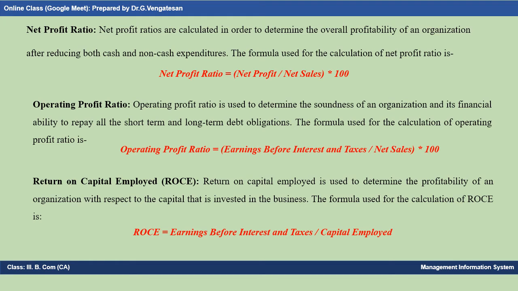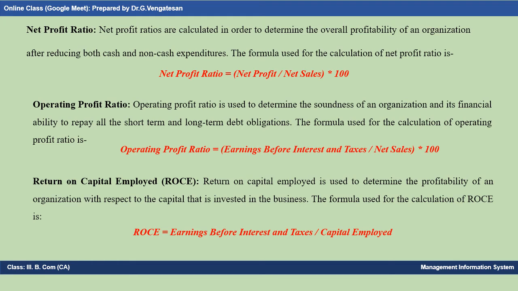Here in this operating profit ratio, this ratio is always used to maintain the relationship between the cost of goods sold and other related operating expenses along with the sales.